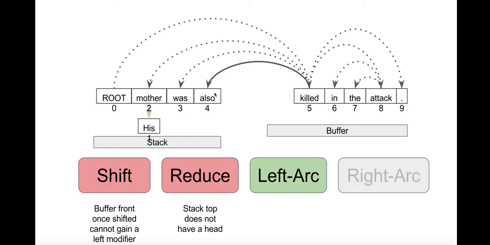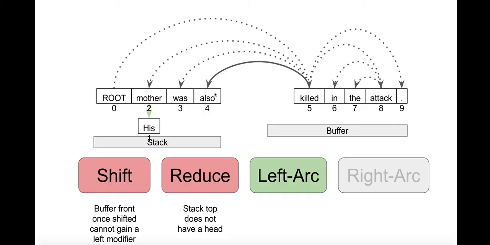And why is that? Creation of that arc is only possible when the front of the buffer is in its position. Once it gets shifted, then that arc can never be created. Why? Because let's say it was a left arc.